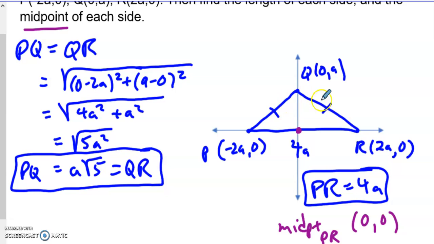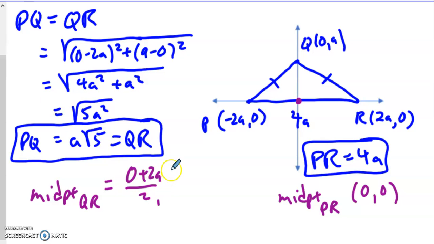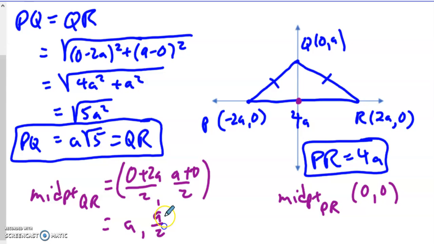And then the midpoints of PQ and QR are going to be very similar. Let me go ahead and start with the midpoint of QR. So that formula is add together your x's, divide by 2, add together your y's, divide by 2. So that would give me a comma a over 2.